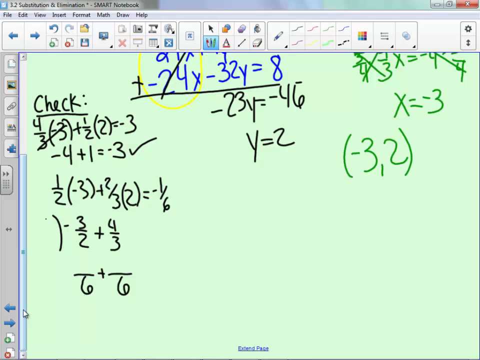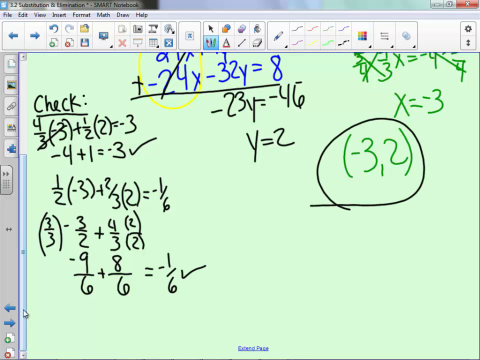This one we'd have to multiply by 3 over 3, so we get negative 9. This one by 2 over 2, which is negative 1/6. So there's our answer.